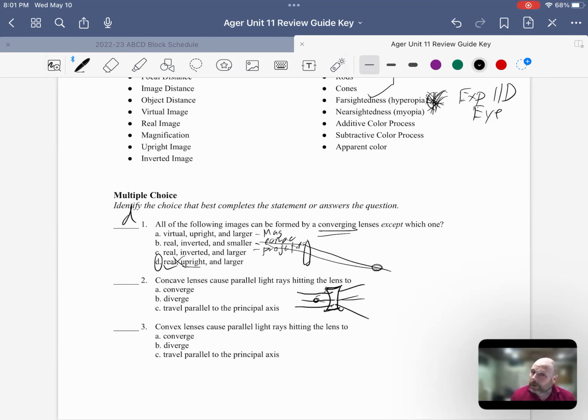Remember, that number is negative when we get to the numbers. A convex lens is fatty in the middle and causes light rays to converge to a positive focal point, so we call it a converging lens. So 2B for diverging, 3A for converging.